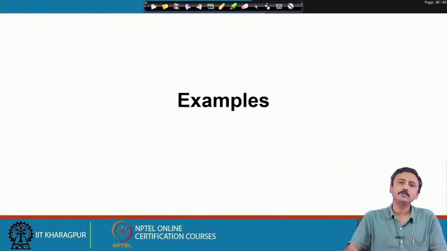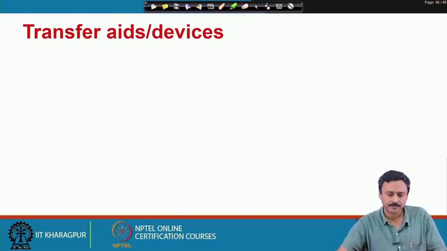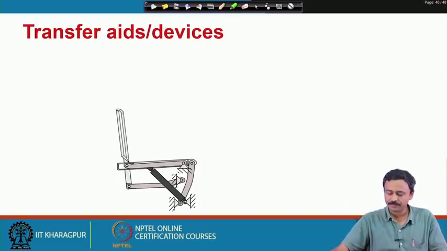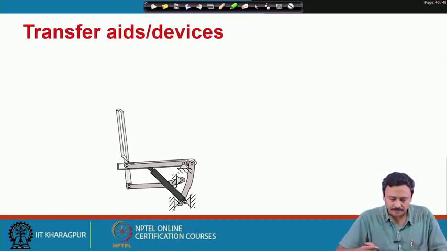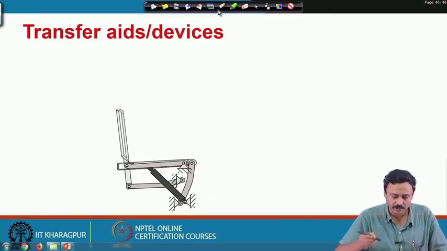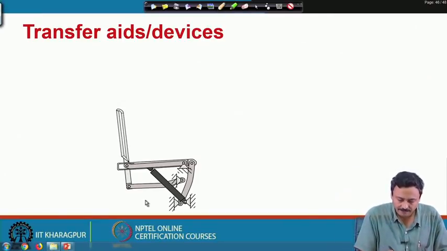Let me now give you some examples. As I have been mentioning, transfer aids and devices for patients who have undergone surgery, for example. This is a chair in which you have an actuator.